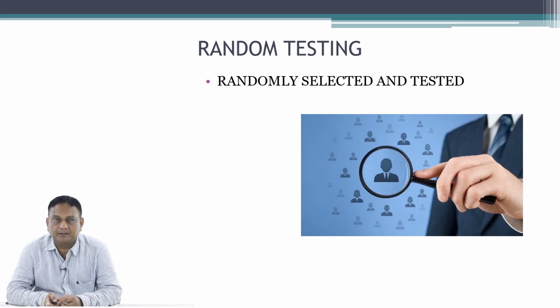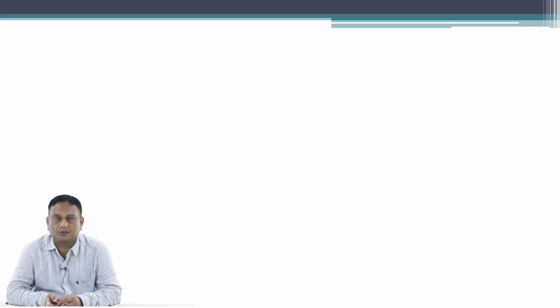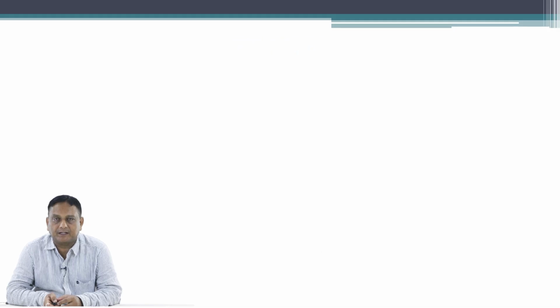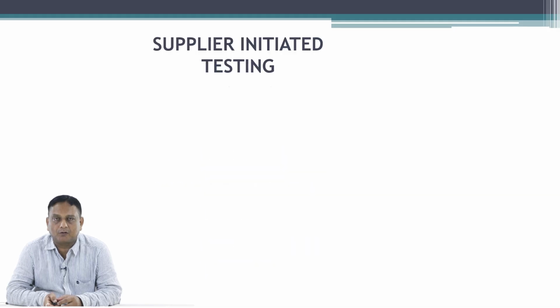Random testing is very important because it gives an idea whether this lot has any cause of concern in terms of the presence of restricted substances. When there is a failure, as I already discussed, it must be treated carefully and the failure resolution form must be filled up.